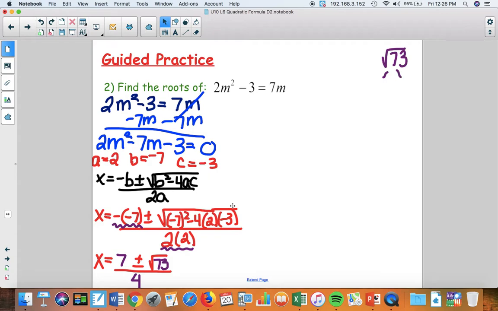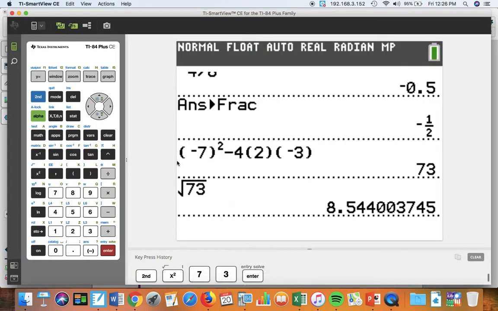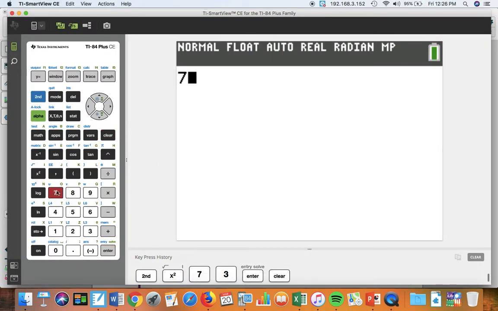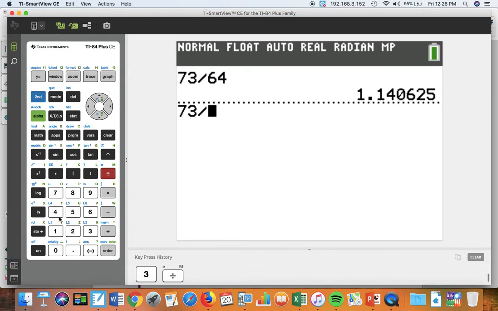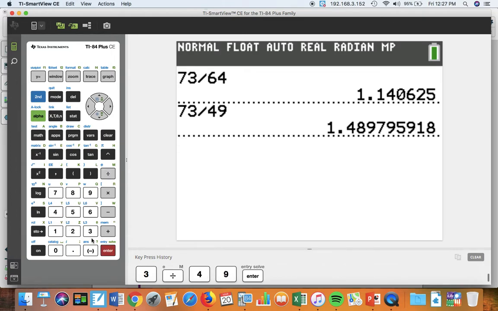So let's see if we could split this up into a perfect square. So we take our 73 and we start dividing it by perfect squares. I'm going to start with 64. It doesn't work. Let's try 49. Doesn't work. And then just keep trying perfect squares.